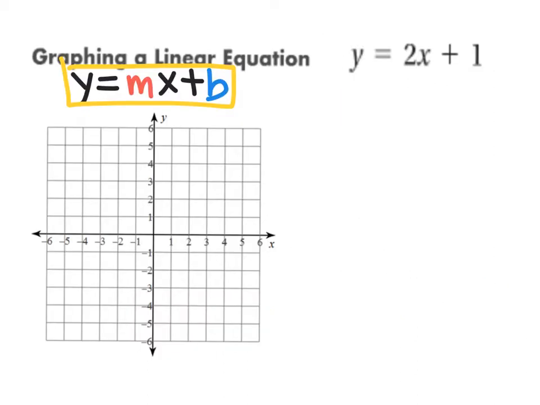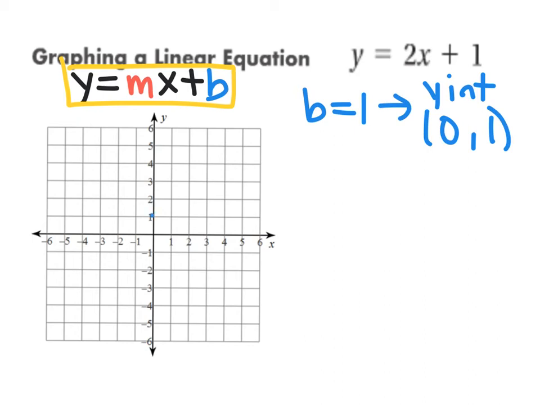In order to graph this equation, y equals 2x plus 1, we first identify the y-intercept. Using our given equation, the b value is 1, indicating that the y-intercept is at (0, 1), so I can plot my first point there. Then I'm going to use the slope to move on the graph. My slope value is positive 2, which I can rewrite as a fraction, 2 over 1.